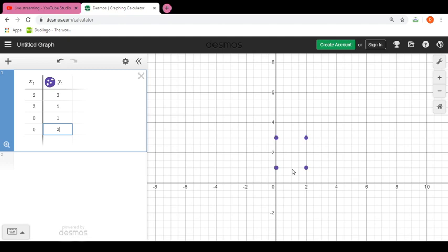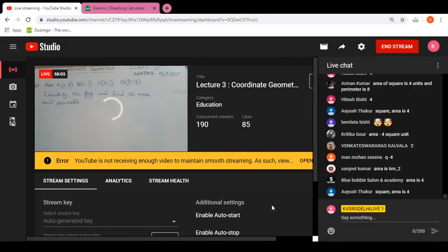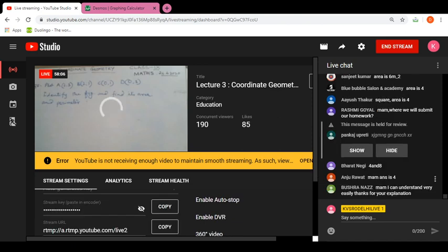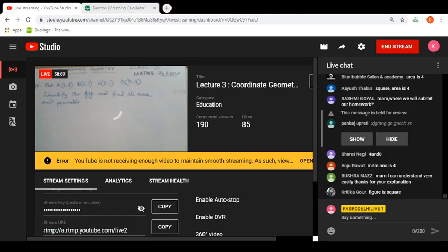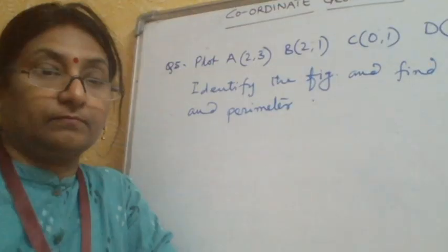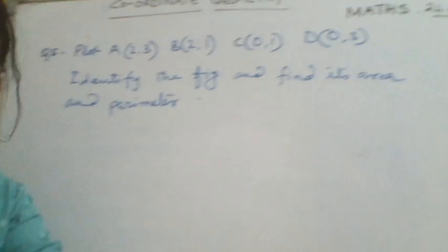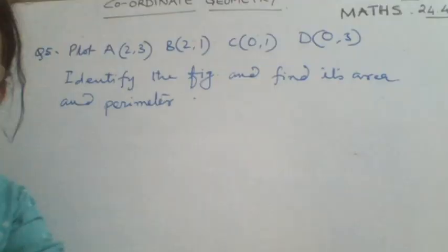So this is a square. So we have done question number 5.